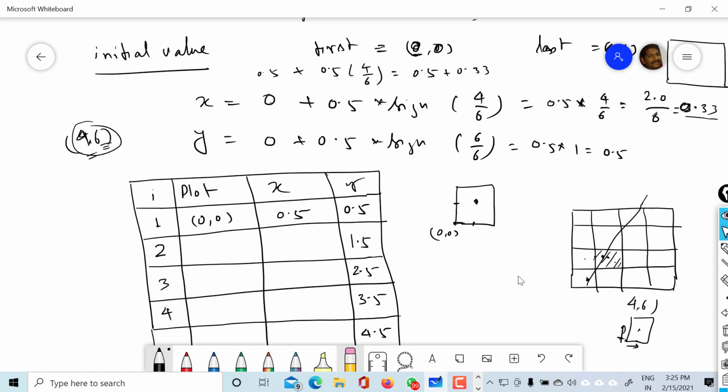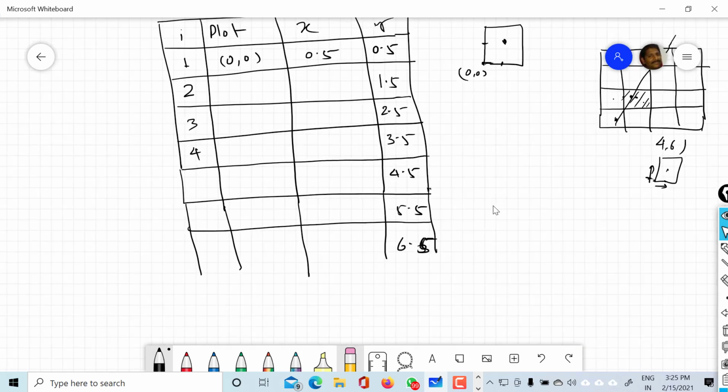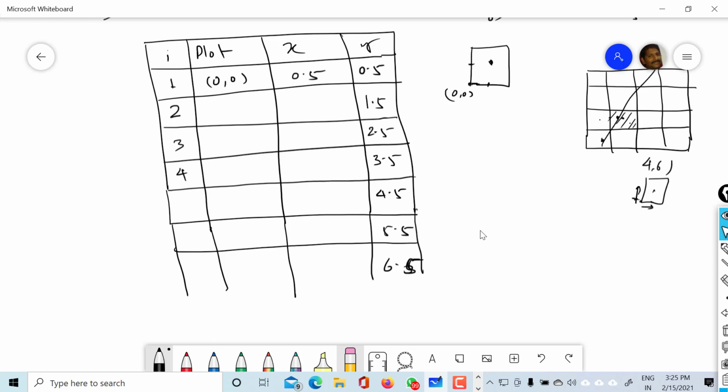So in this way you can calculate the next value of y, and we'll get the next value of x accordingly. The value of x you can calculate, otherwise I will explain it in the next class, because time is already over.